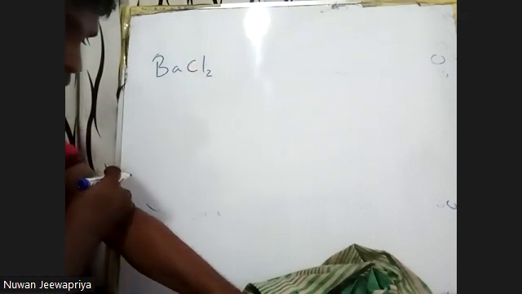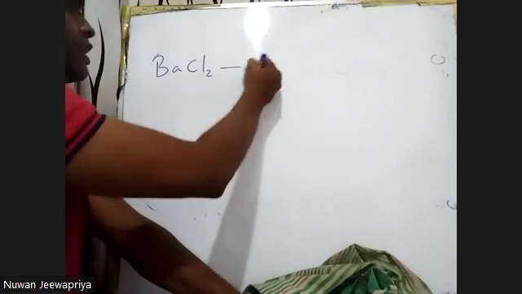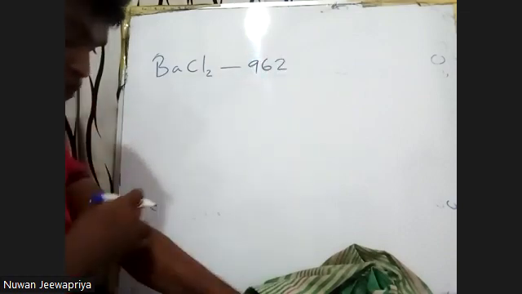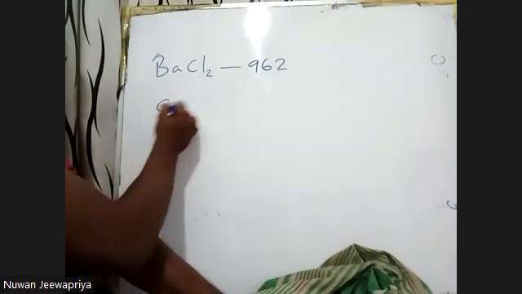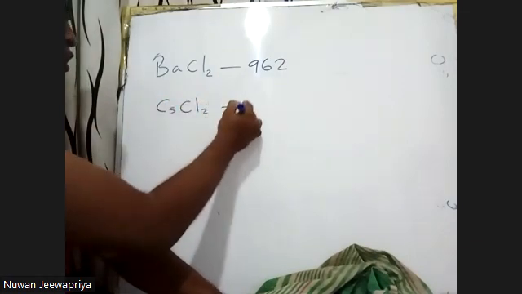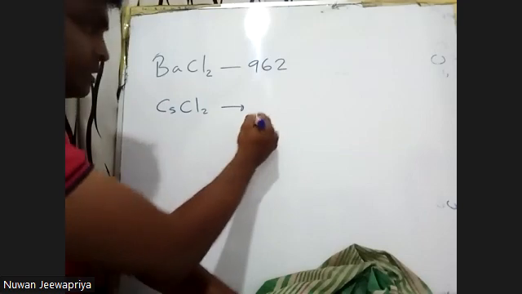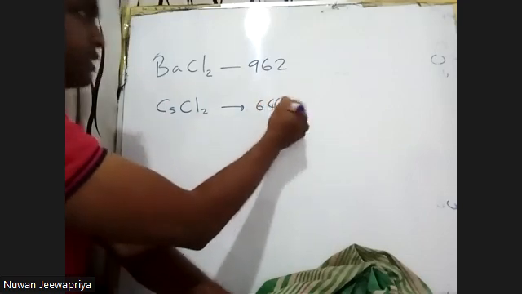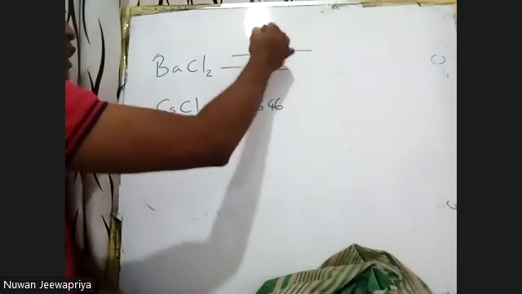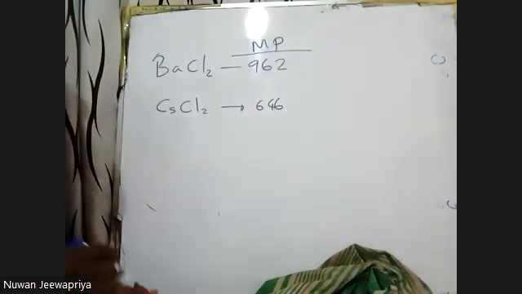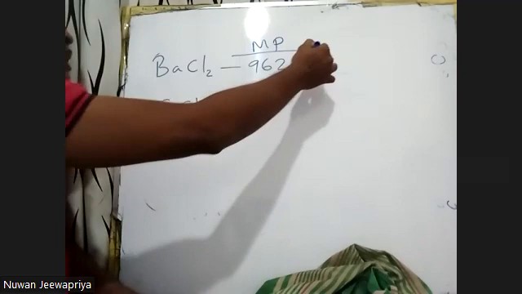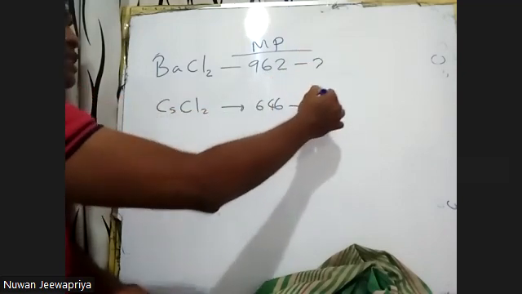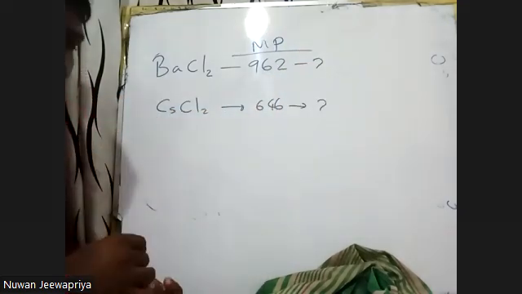That melting point is 962. Cesium chloride is CsCl2. Melting point is 646. So these are the MP means melting point. So why that barium chloride has high melting point? Why the cesium chloride has less melting point?